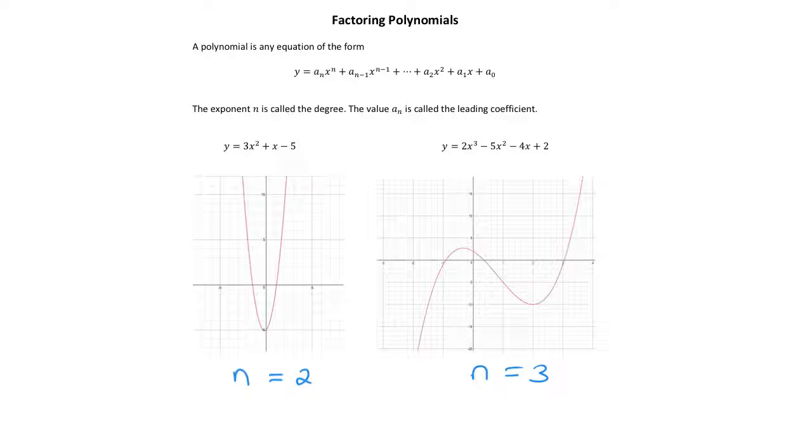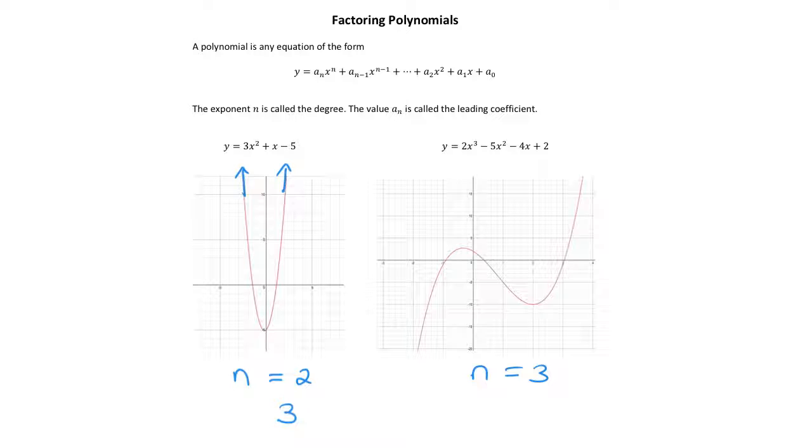So for example, if you have an even degree, like 2, I know that the graph goes up on both sides. I also know that the graph goes up on both sides because of something called the leading coefficient. That is the number in front of the variable x. It's a positive 3. So I'll write that down here, that the leading coefficient is 3.